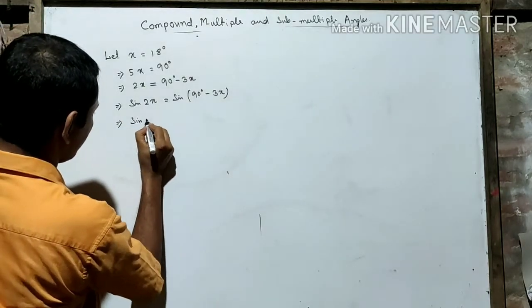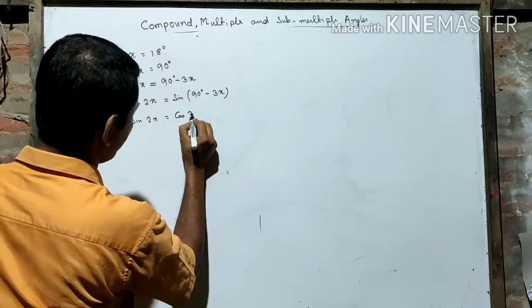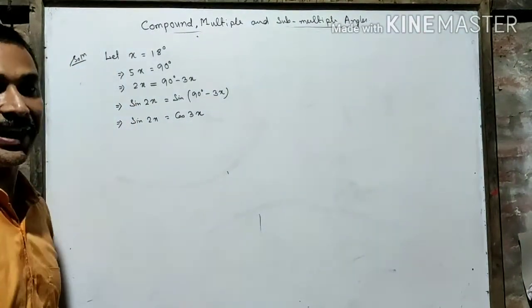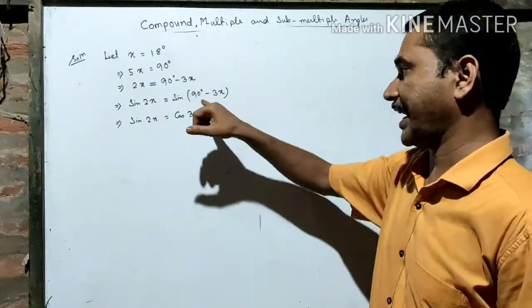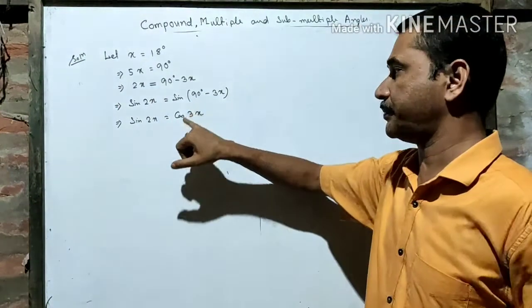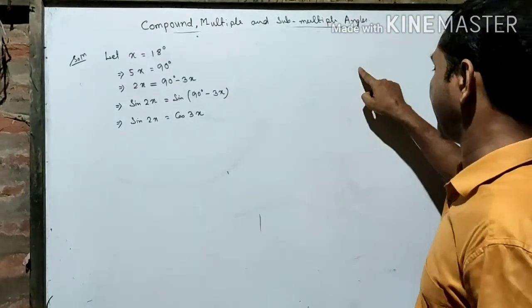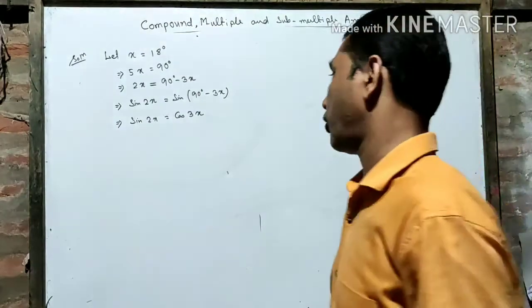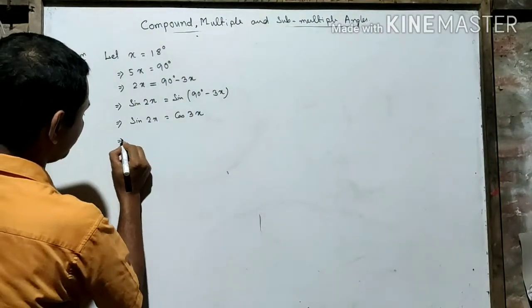This implies sine twice x equal to cos thrice x, since sine of 90 minus theta is cos theta. From ASTC, 90 is an odd multiple of 90, so sine will be changed to cos, and 90 minus theta means the first quadrant, all positive. So this is cos thrice x.